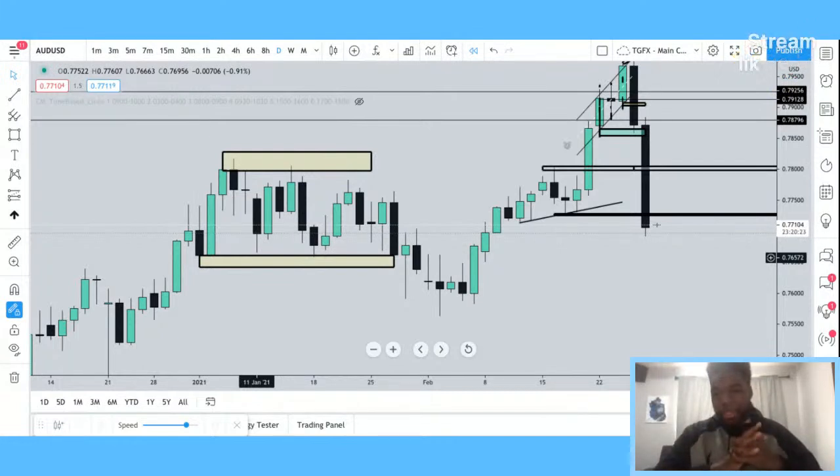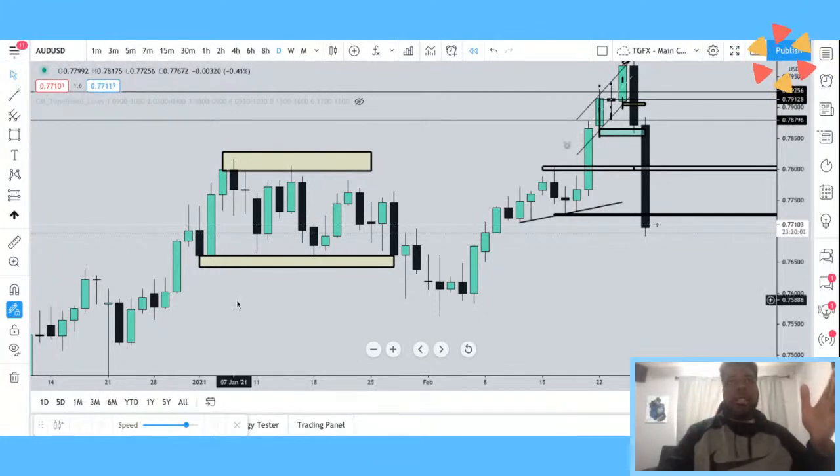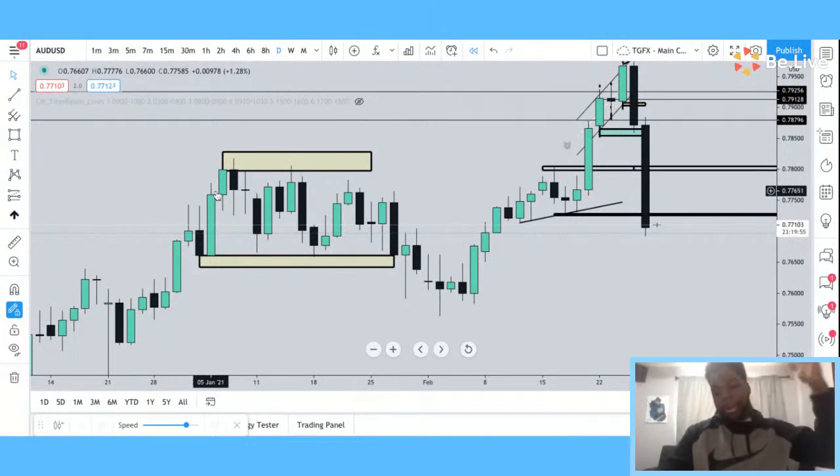Now you got to think about it. As a retail trader, do you think people with a $1,000 account or even $10,000 are really moving the market? Do you think they're really causing these wicks to be formed? No. A lot of times, what banks and all the institutions are doing is causing pushes in the market, for example, to take out people's stop losses, etc. And then they get in at a better price and drive the market the opposite way.